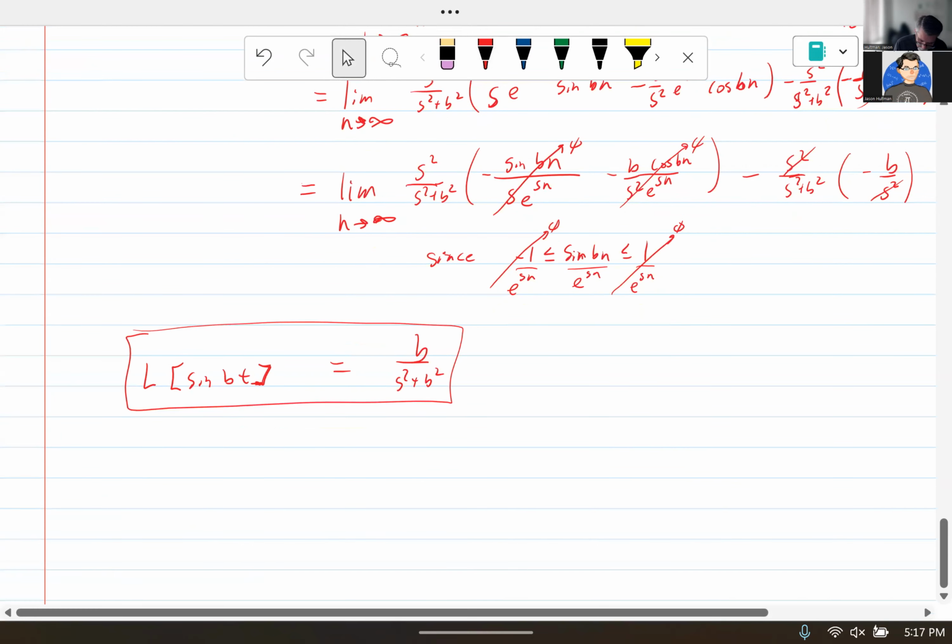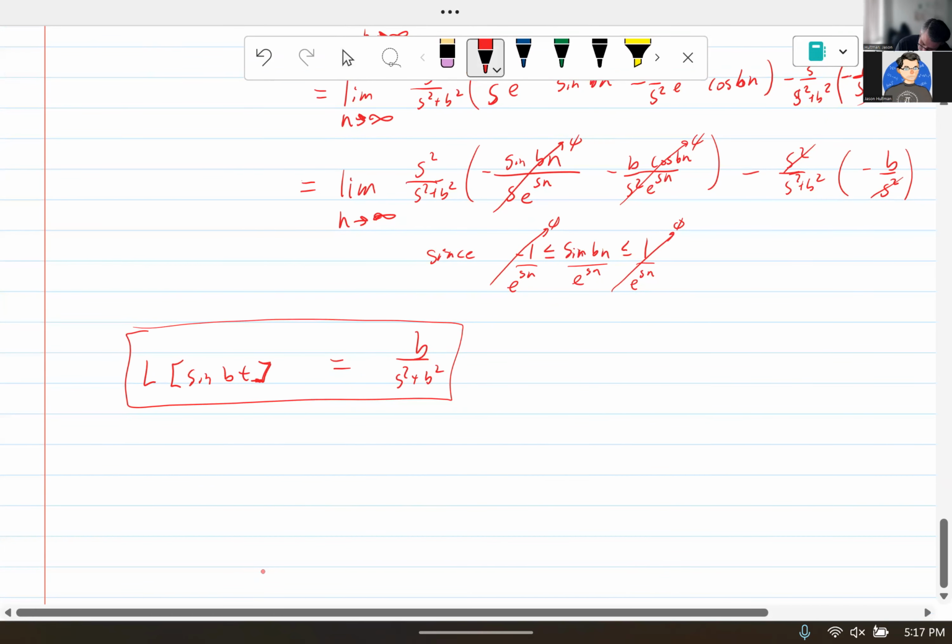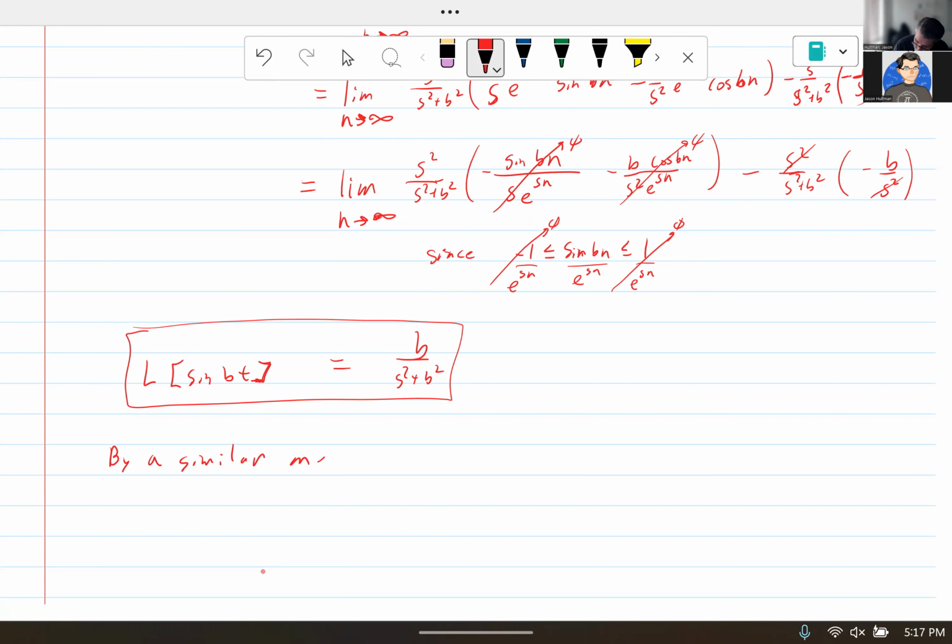By a similar method, basically the same method, it can be shown that the Laplace transform for cosine of bt is equal to s over s squared plus b squared.